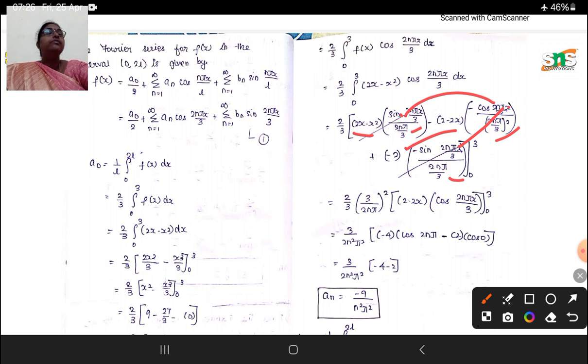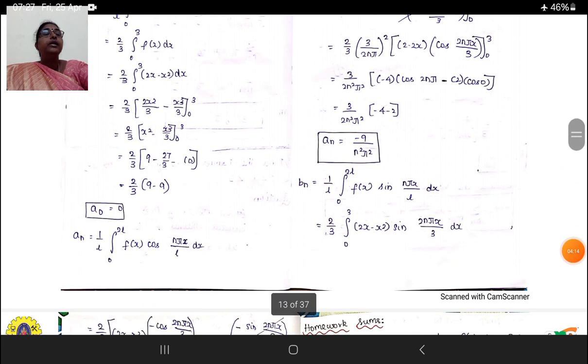That's all. So easily we can recall all those values with the limit 0 to 3. In this limit we get only cos terms, so write the cos terms alone and apply the limit. The answer is an equal to minus 9 divided by n square pi square.